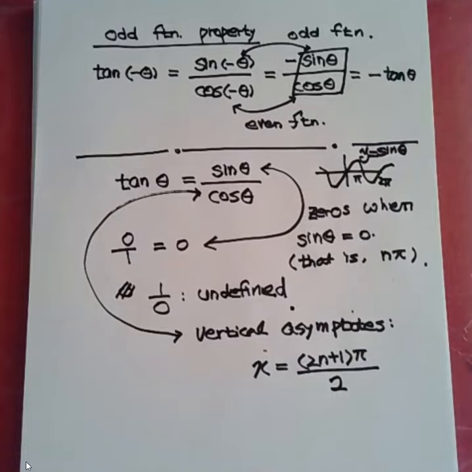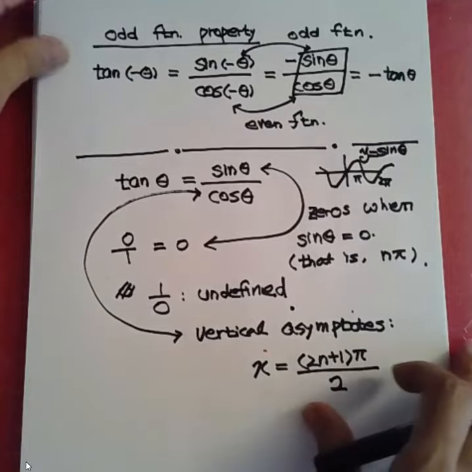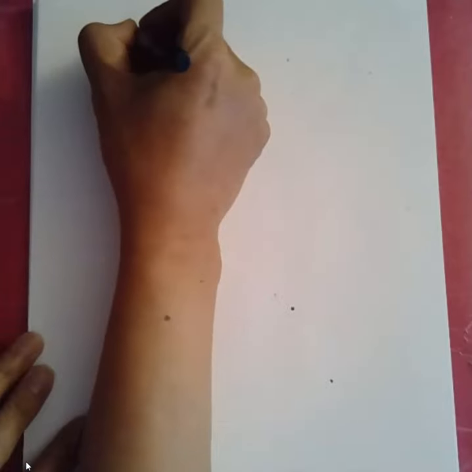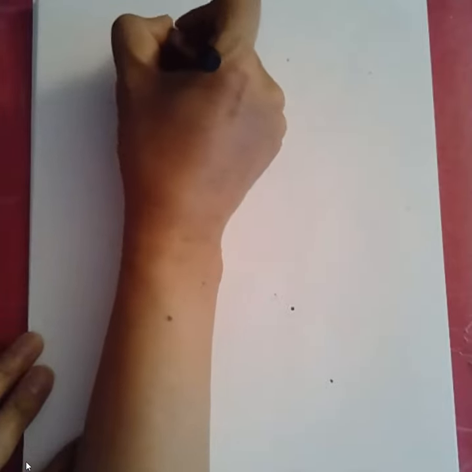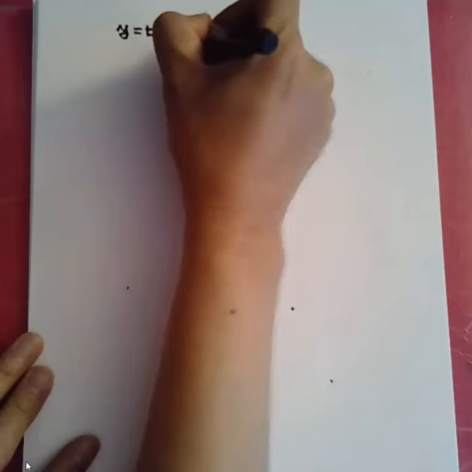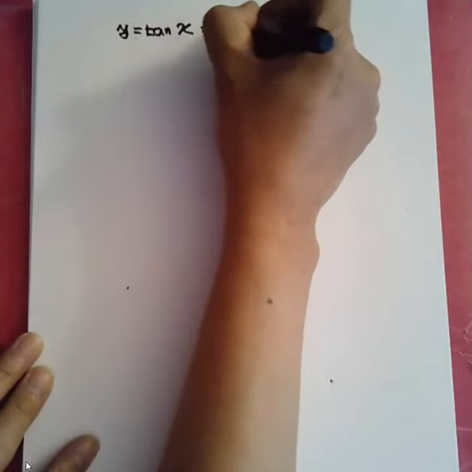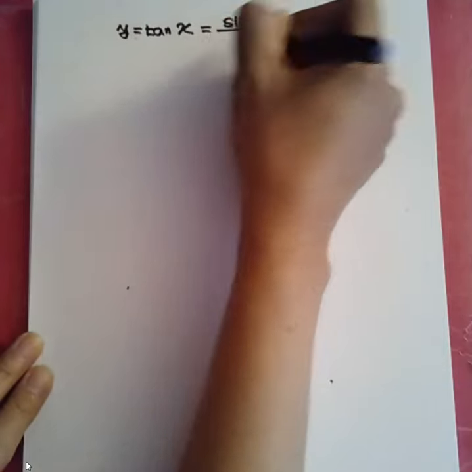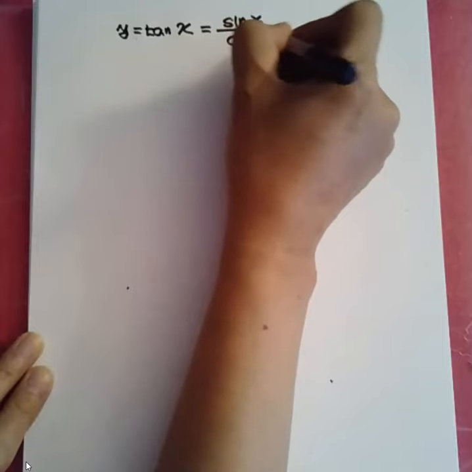Let's combine all the information to draw the tangent function. Y equals tangent of x, again, sine of x over cosine of x.